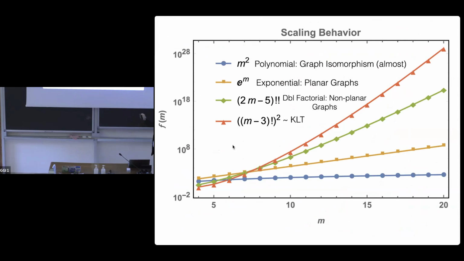When we're talking about something exponential, like the number of planar graphs, that's relatively friendly, at least. It's a straight line on a log-log plot. But once we start talking about full non-planar graphs that contribute, we run into problems really quickly because it's just this factorial growth in the number of topologies we need to worry about.